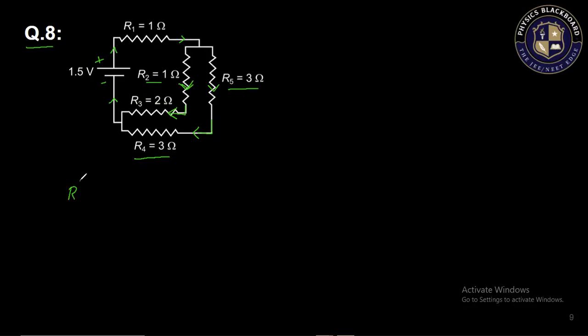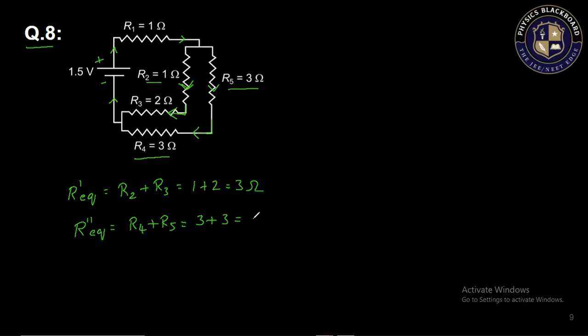So let's say, first you can take R dash equivalent is equal to R2 plus R3. That is 1 plus 2. That is 3 ohms. And next, R double dash equivalent is equal to R4 plus R5. What is R4 here? 3 plus 3.